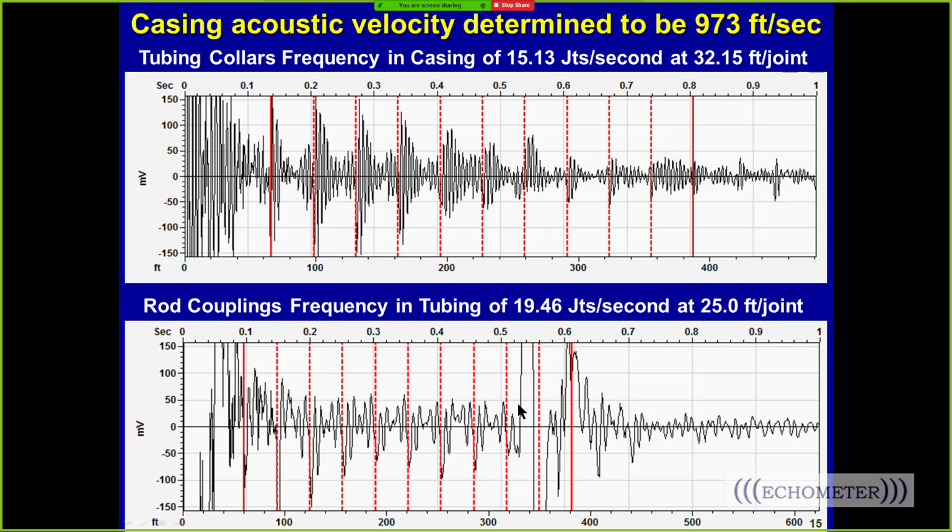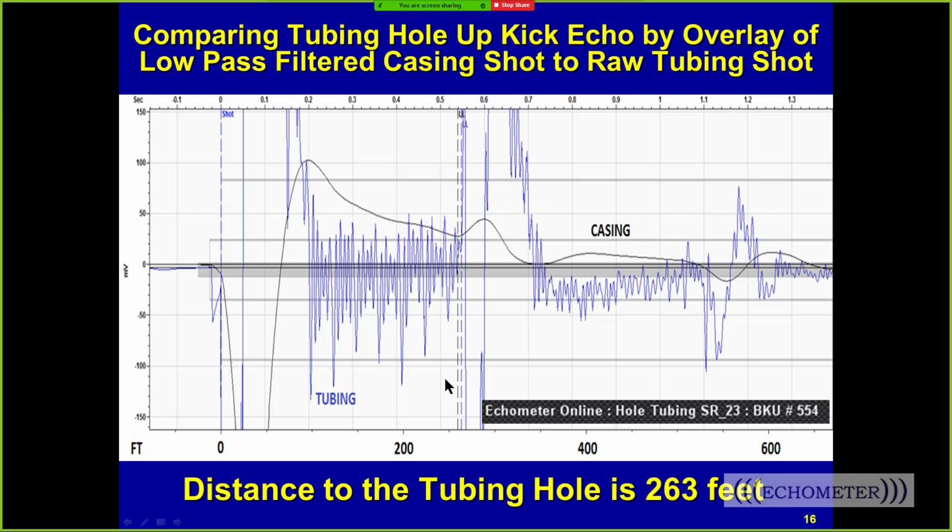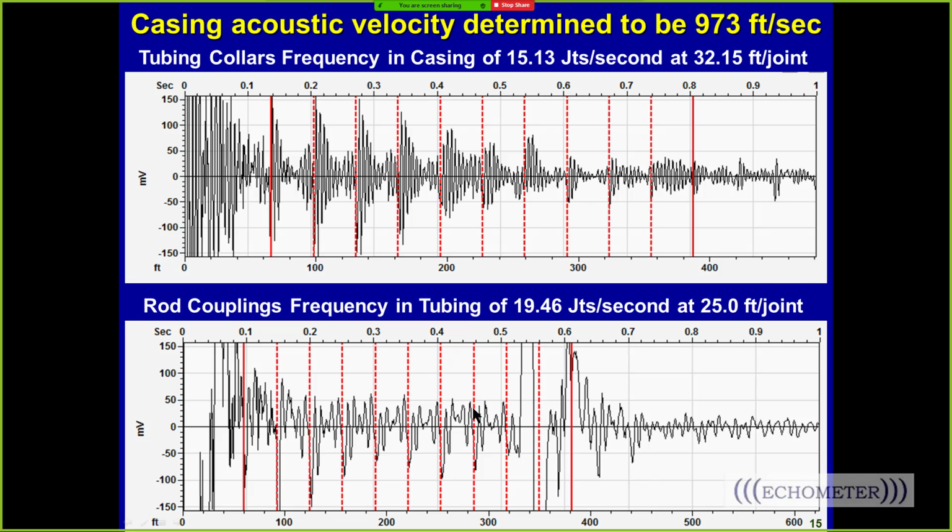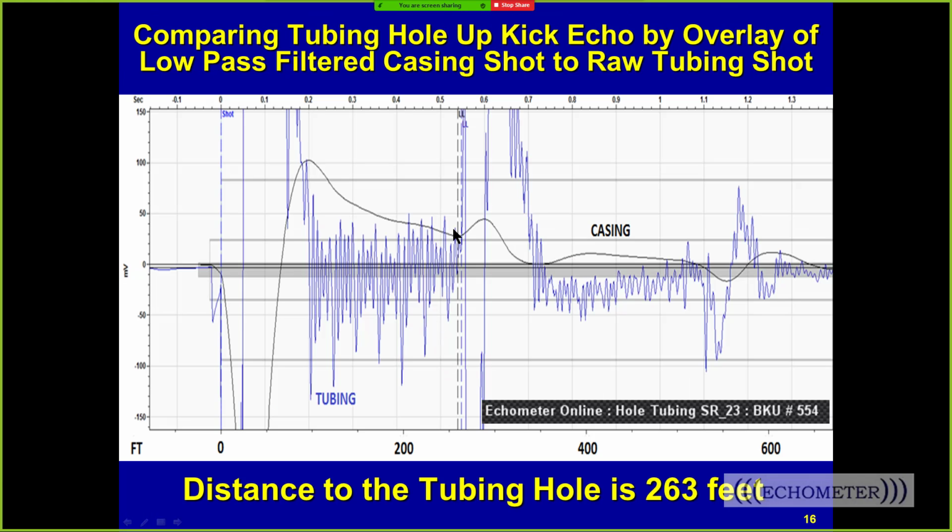But look, we can see an upkick right here. Right there is our upkick. So the tubing shot already shows us an upkick. And when we overlay the traces, TAM has a feature to overlay two shots: the tubing shot in blue, and the casing shot low-pass filtered in black.